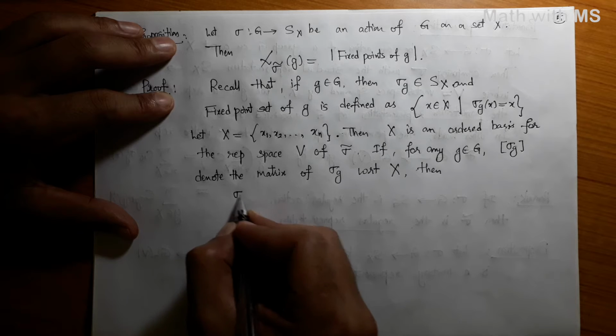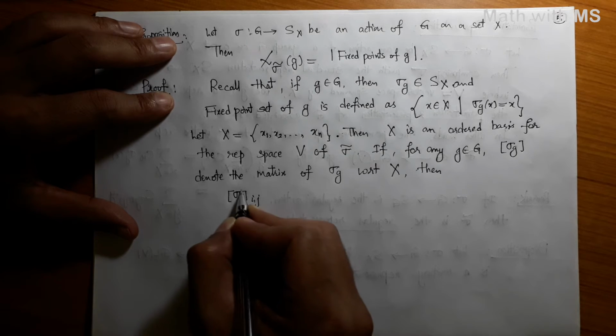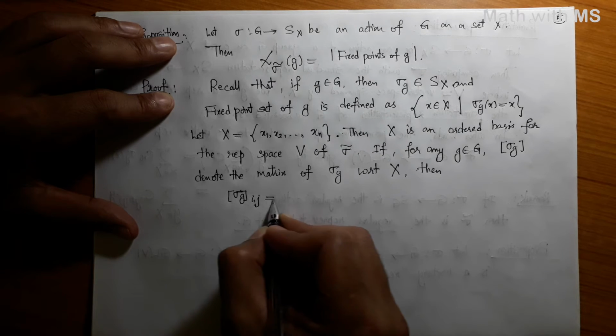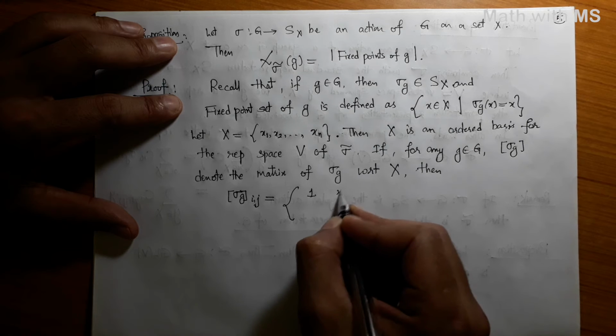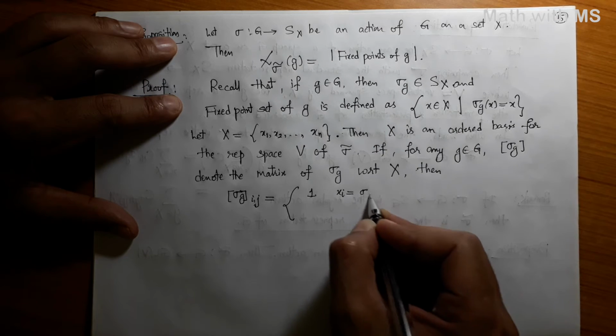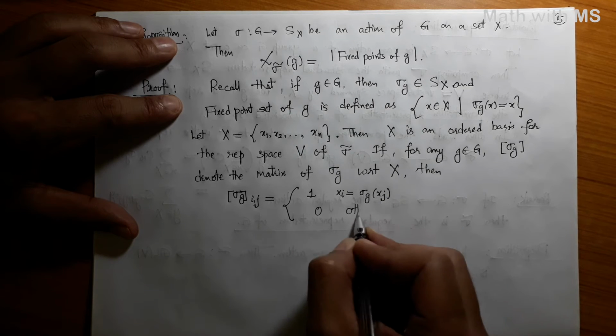Then we know that for this matrix, its ij-th entry is given by the following. Okay, just by definition it turns out that this is 1 if x_i is sigma_g of x_j and 0 otherwise. Why is this the case?